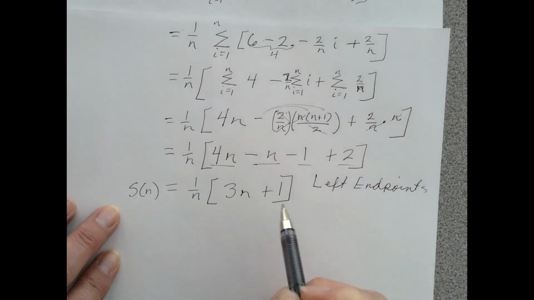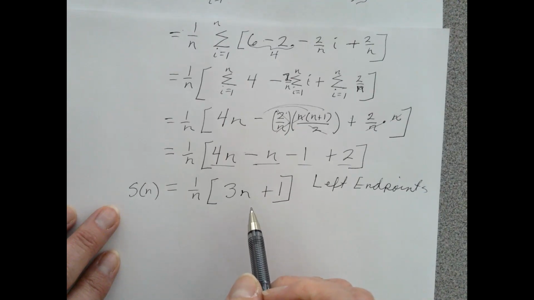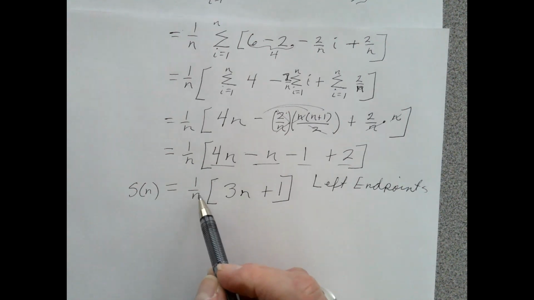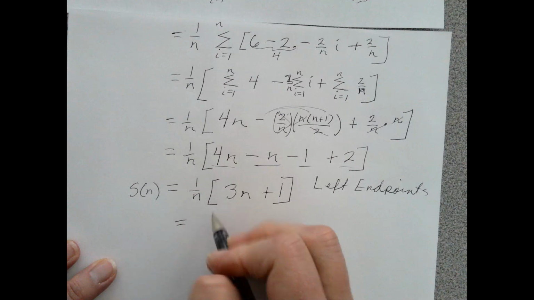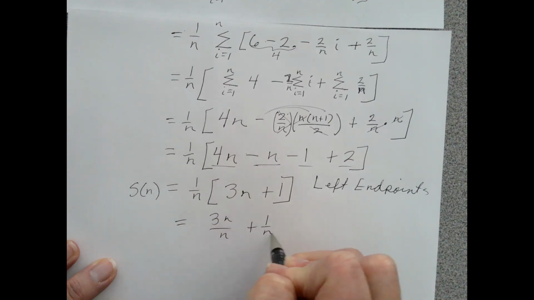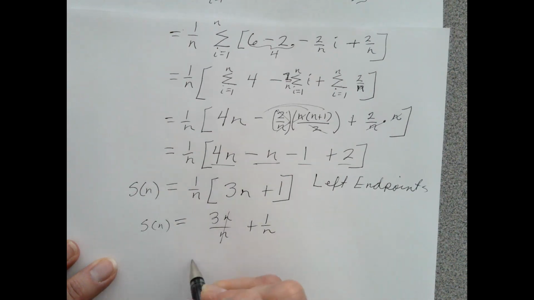Okay, so real quickly, if I then multiply that 1 over n through, that's going to give me 3n over n plus 1 over n. So those will divide out, so I get 3 plus 1 over n.